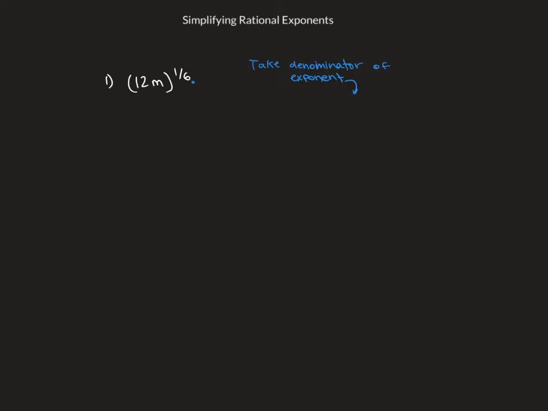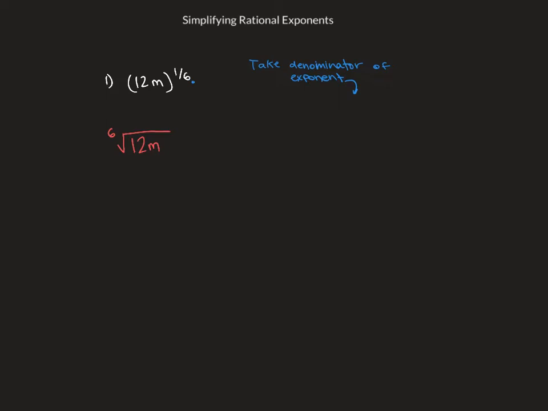So essentially, this expression will just become 6 square root 12m.